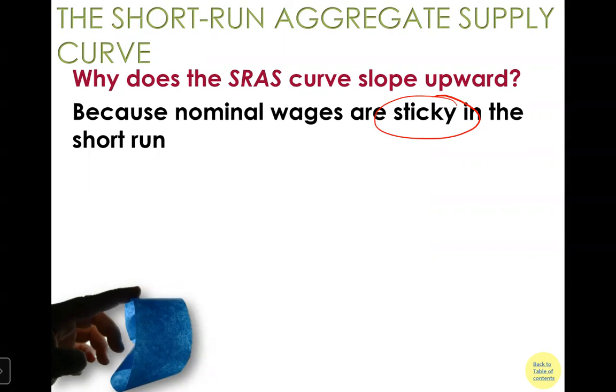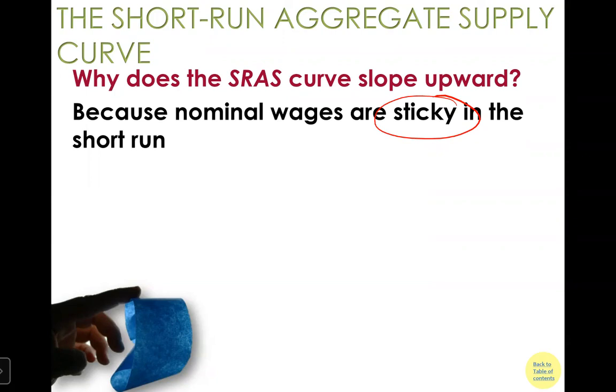If Burger King says I'm going to pay you 2 burgers per hour, that would be a real wage. The nominal wage says, as the store owner, I'm going to pay you $20 for each hour you work, and this contract is good for 6 months or a year. So this is usually what happens.